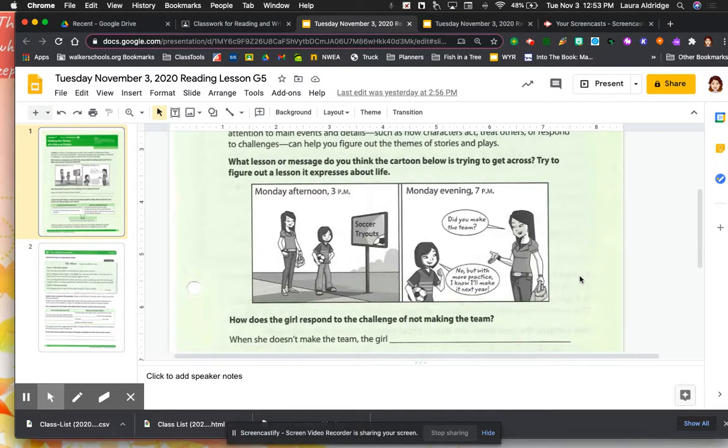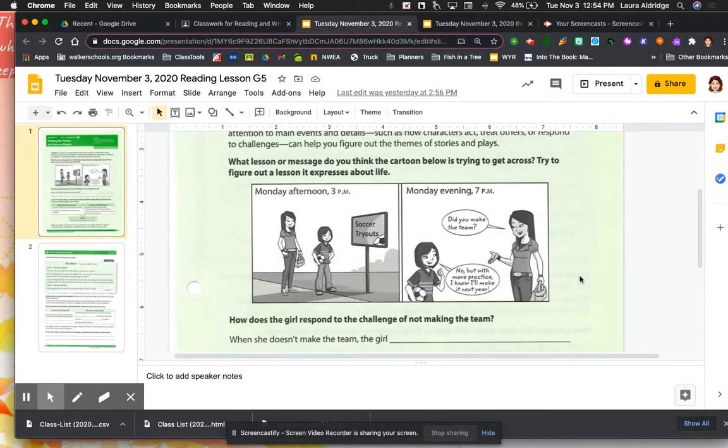What kind of life lesson or message do you think the cartoon is trying to get across? How does the girl respond to the challenge of not making the team? Well, she doesn't cry or complain. She really doesn't make the team, but she doesn't seem dismayed, does she? I think one particular theme out of this, or one message that I'll learn from this, is that even if things don't go our way, maybe we can look for the positives.